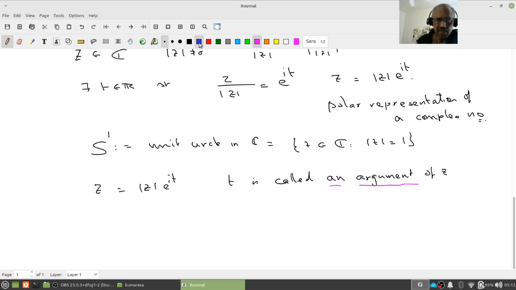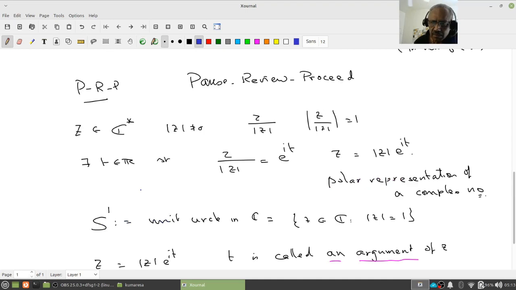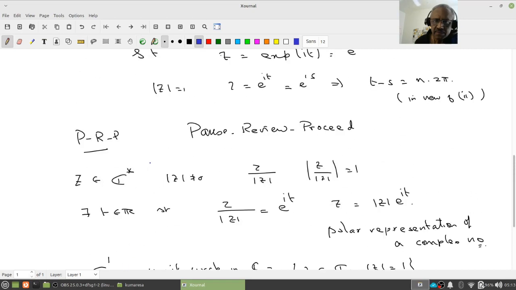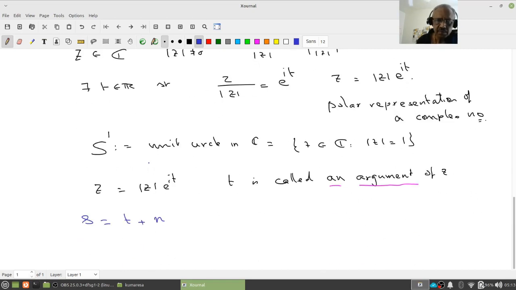Because if I take s equal to t plus n times 2 pi, then you can see z is mod z e power i t, which is mod z e power i t into e power n times 2 pi i.